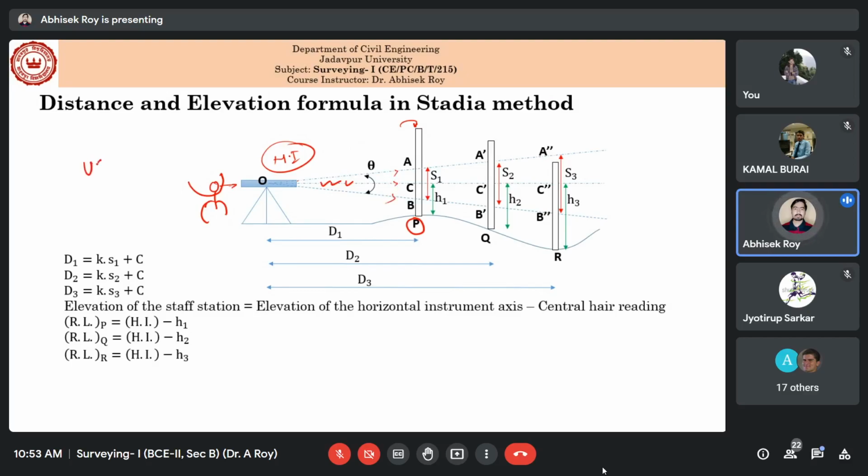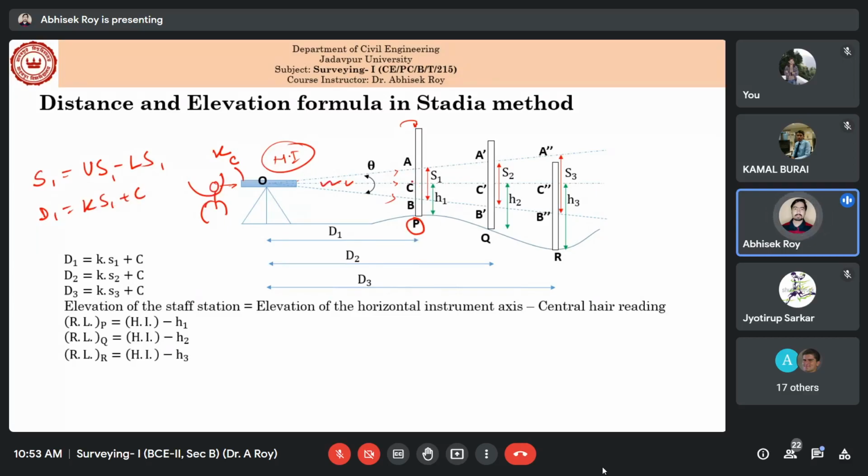From the upper stadia and lower stadia readings, you are able to calculate the staff intercept. If you have calculated the staff intercept, and you know the multiplicative constant and the additive constant of this instrument, then you can easily calculate the distance by applying this formula, right?